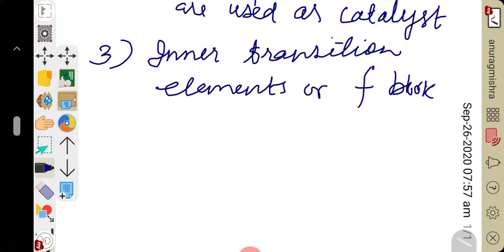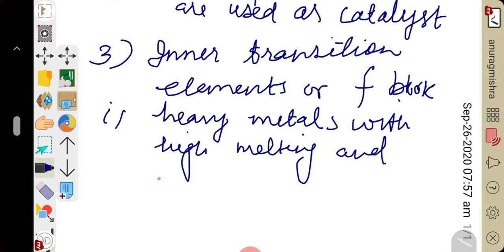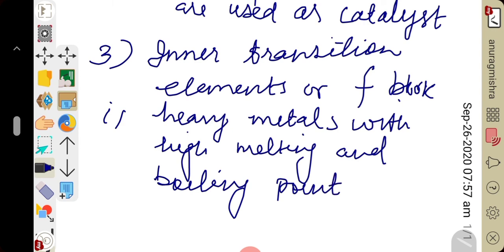So the main characteristics of inner transition elements are, they are heavy metals with high melting and boiling point, right?